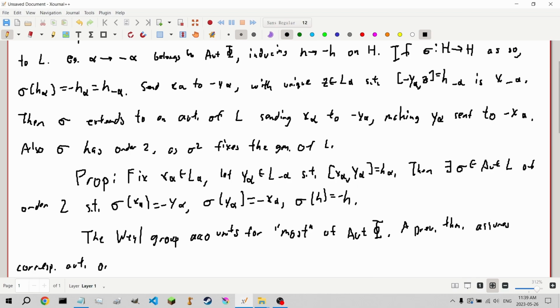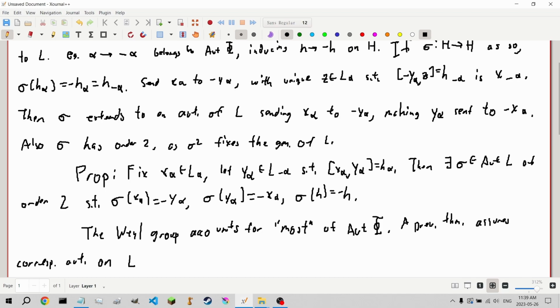on our full algebra L, which extend the action of the Weyl group on our maximal toral subalgebra.